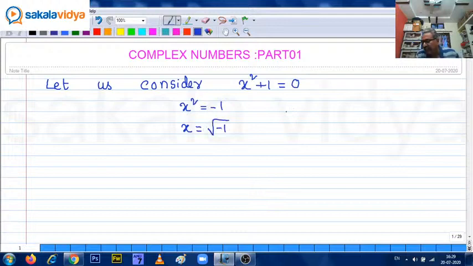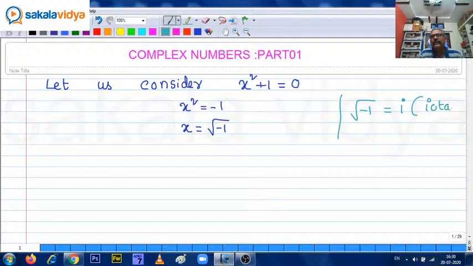So far we have not discussed the square root of a negative number. So that's why the square root of minus 1 is considered as I. This I is known as iota.